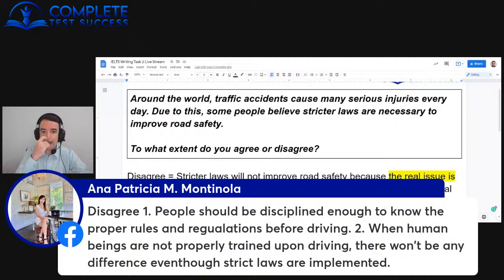Okay, that's good. That makes sense. So the source of the problem is poor training when people are learning to drive, and therefore stricter laws are not going to change the fact that people have not learned to drive effectively. That's good. That makes sense.